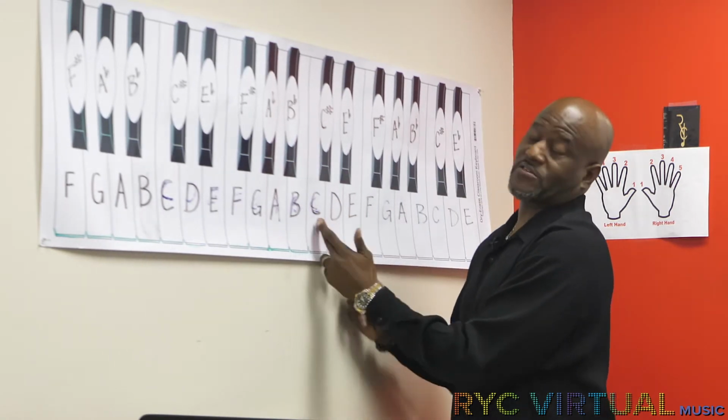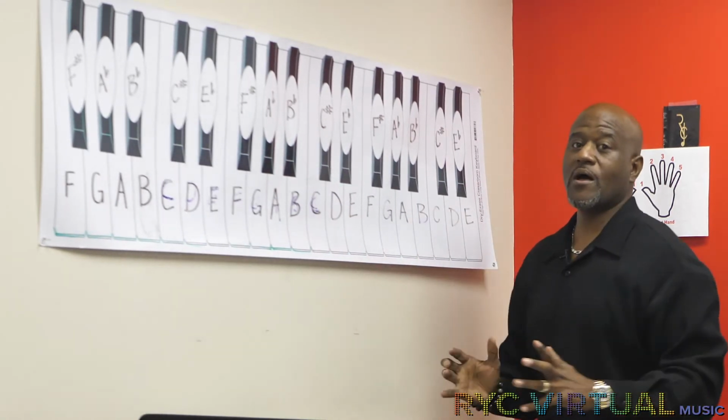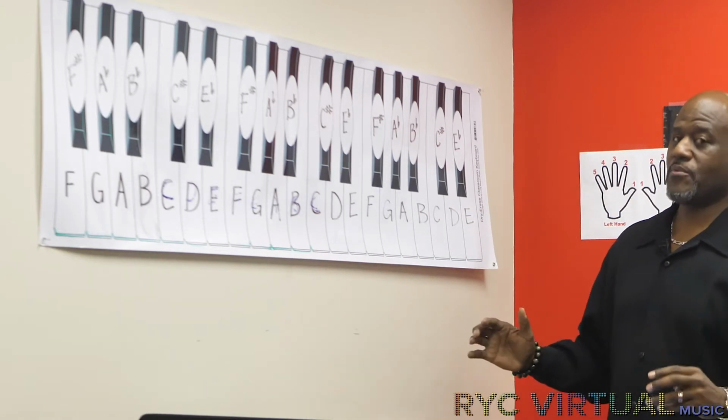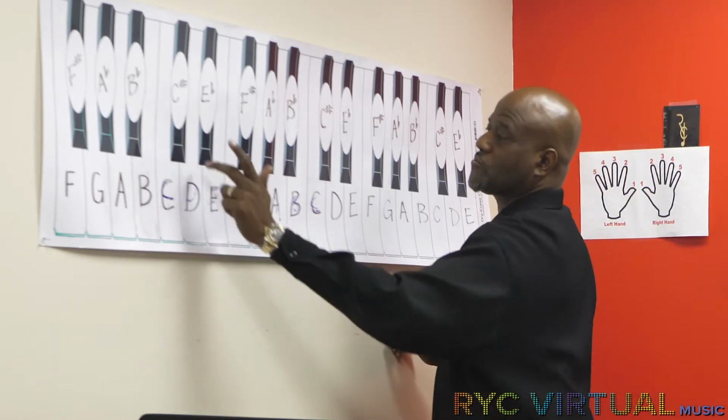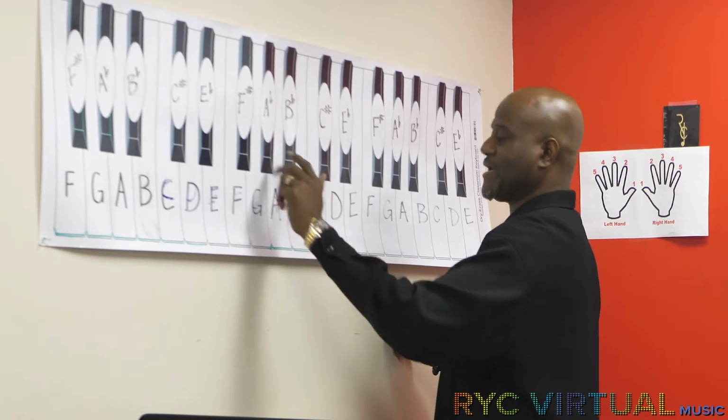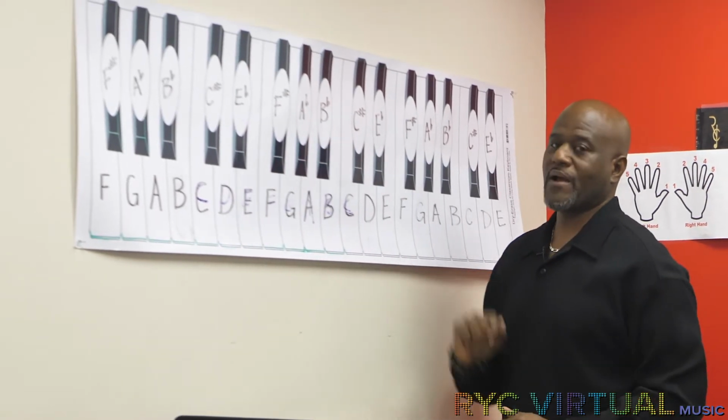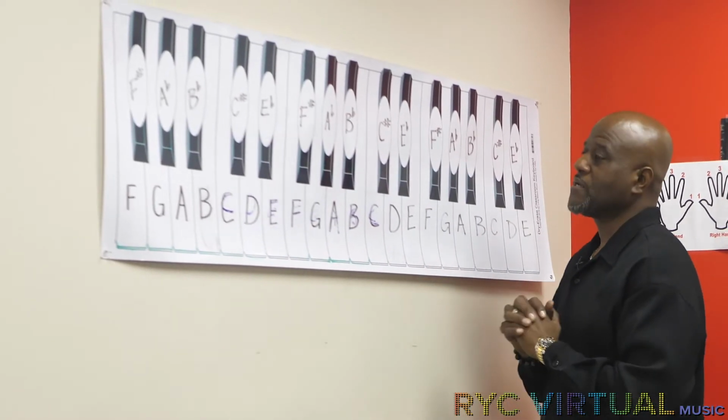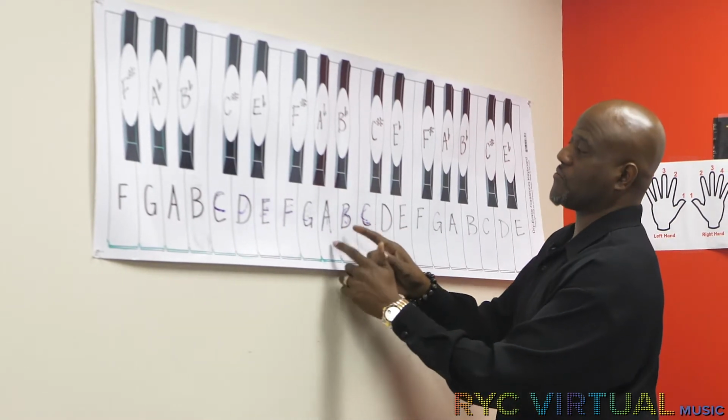You can almost say 12 and then start again as 1. So that means we have 12 notes on the keyboard. 12 notes, and then we're right back at C. All right?